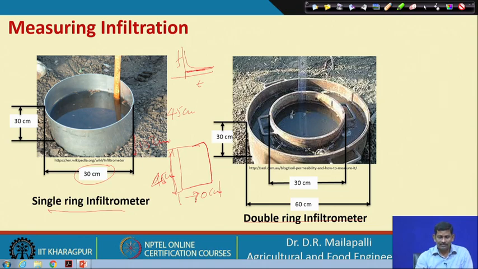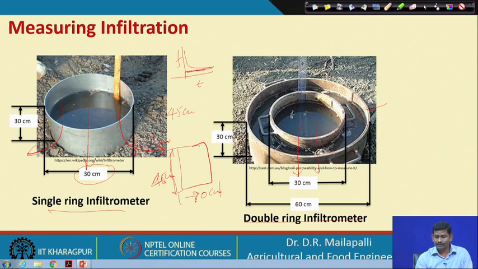So, there is the double ring. The problem with the single ring infiltrometer is that water can go laterally. We expect water to go vertically down, but since it is a single ring, it can flow horizontally. In order to stop the lateral flow we use the double ring. The outer ring protects water from being lost through lateral flow, so we ensure that water penetrates down vertically.